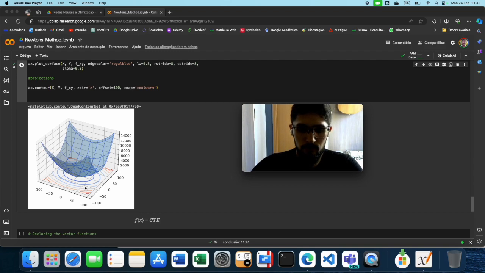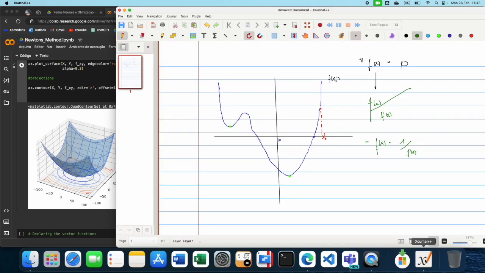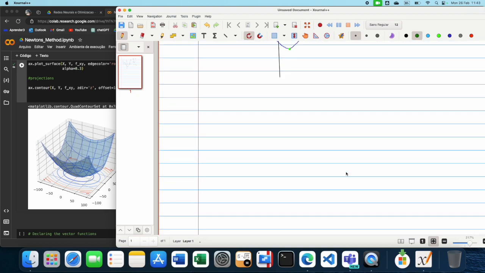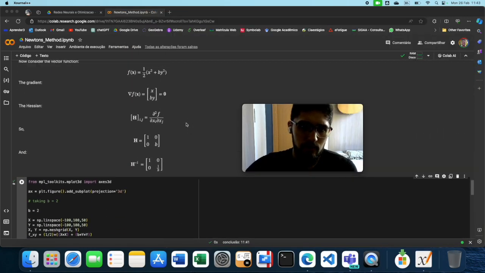But I want you to look at something very important at this point. When we are finding the minimum value of the function, I'm going to show you here in the code.